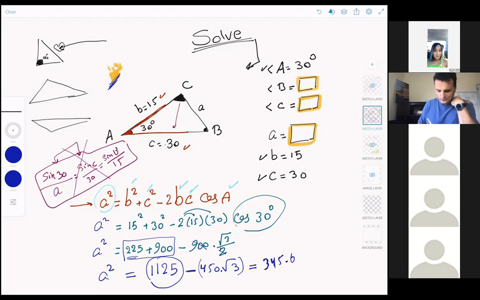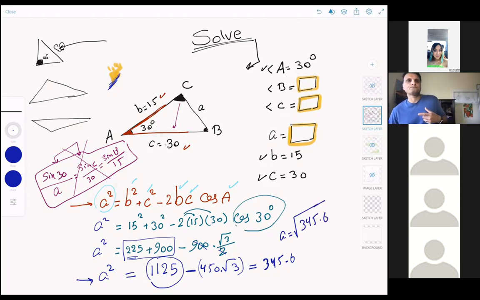And we have to take the radical of that. So a will be radical 345.6. I need to use my calculator.